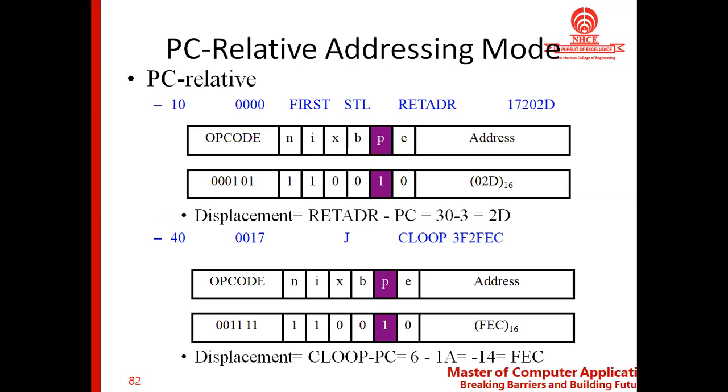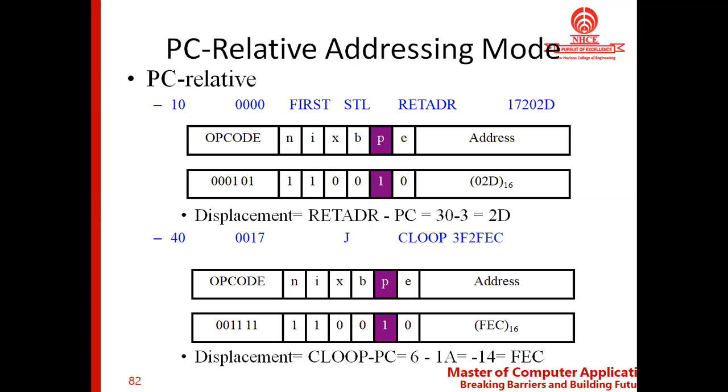When the negative number is bigger, obviously the result will be a negative number. That's why when you subtract 1A minus 6, A is 10, so 10 minus 6 is 4, and the 1 remains as it is. So 14 is the value, but it is a negative number.